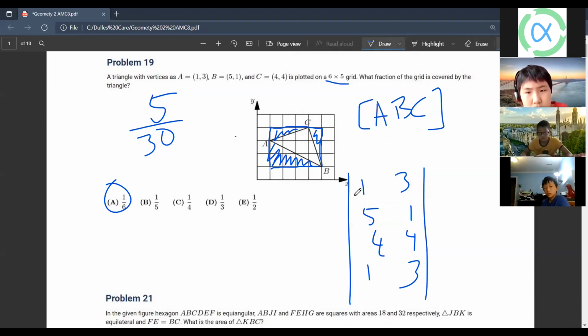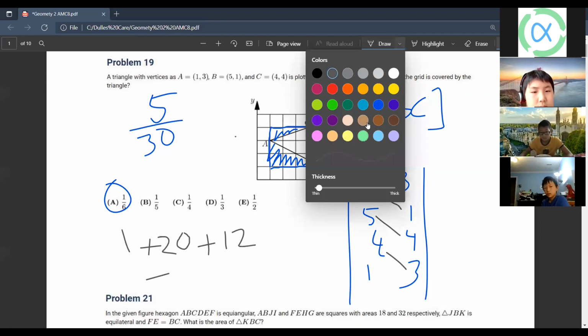Using shoelace, first 1 times 1. What's 1 times 1? That's 1. Plus what's 5 times 4? That's 20. Plus what's 4 times 3? That's 12. By the way, this is 20, not a 26. And then we would subtract some stuff.